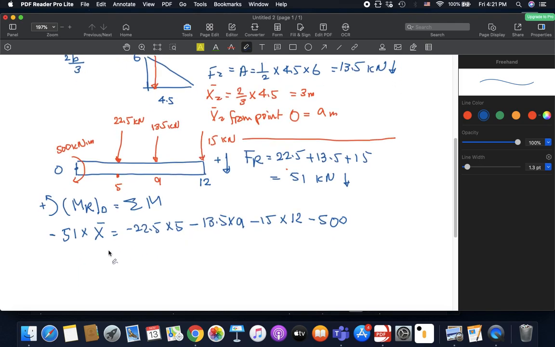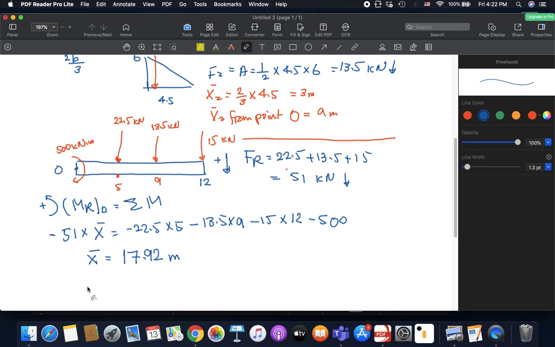Now, once you solve for x bar, it will give us some interesting value. X bar says it should equal 17.92 meters. Now, this is confusing, right? Because, well, 17.9 is even larger than the length of the beam itself.